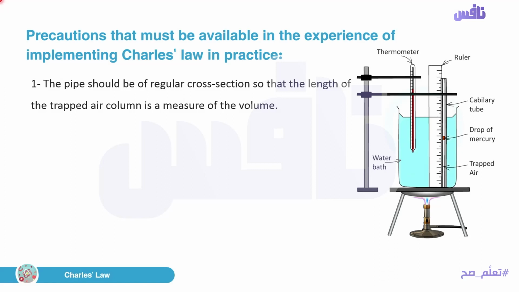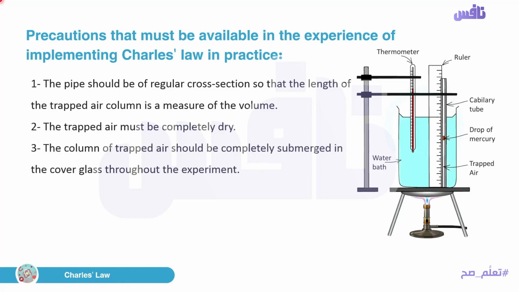Of course, my friends, some precautions must be observed. Number 1, the tube should be of uniform cross section, so that the length of the trapped air column is an accurate measure of the volume. Number 2, the trapped air must be completely dry.